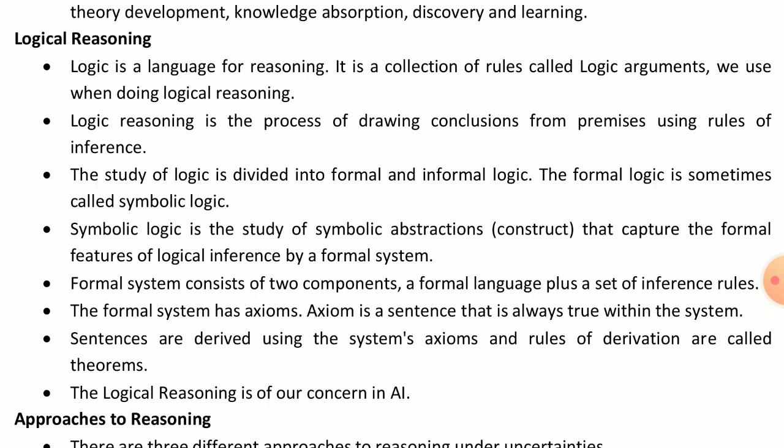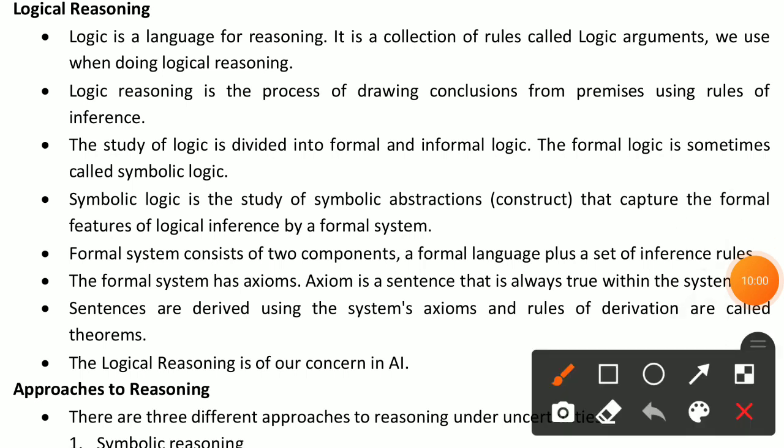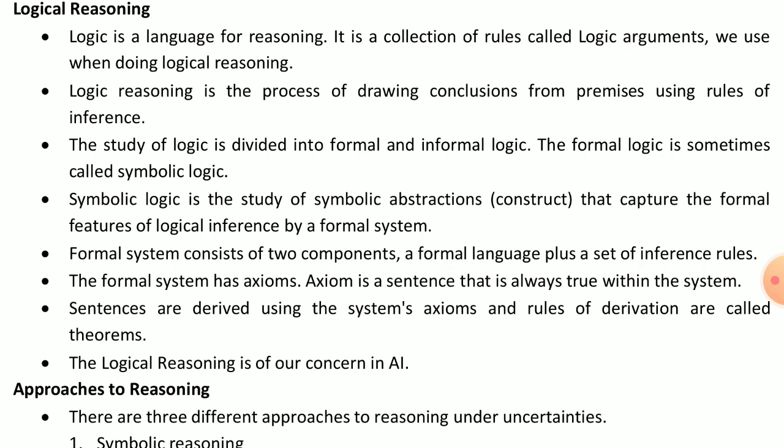It is known as a formal system and it consists of two components. Which two components? Formal language and inference rules. Okay. The formal system has axioms. What are axioms?